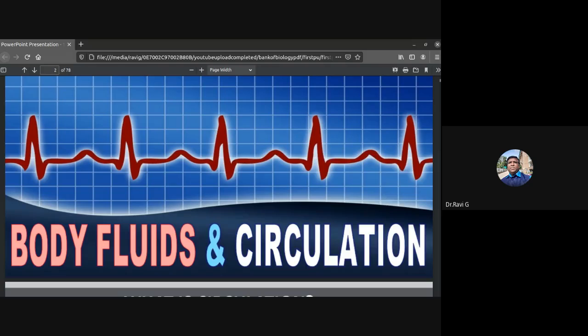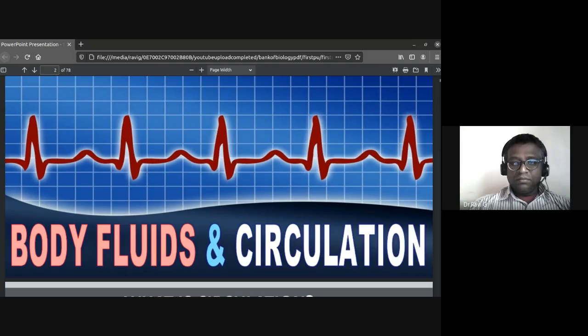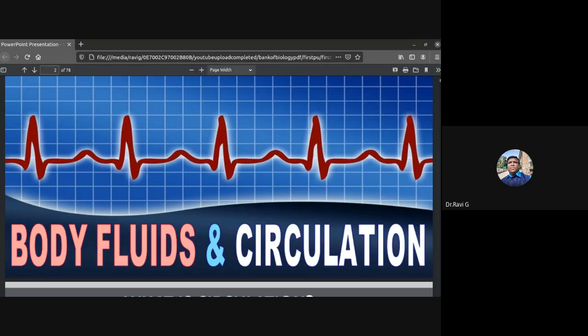The main function of the circulatory system is to see to it that oxygenated blood is supplied to all parts of the body, and deoxygenated blood is collected from all parts of the body and brought to the heart. From the heart, the deoxygenated blood is taken to the lungs, where it gets purified.